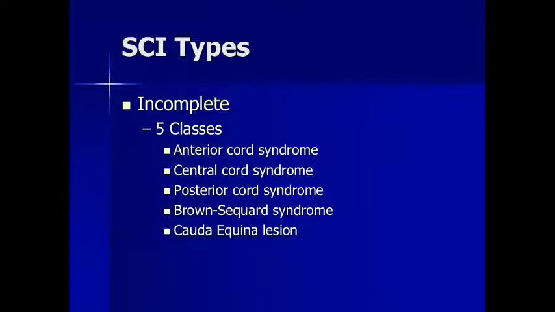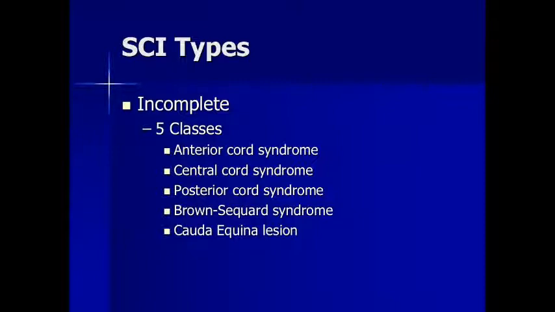The fourth class is Brown-Séquard syndrome. It's damage to one side of the spinal cord, which results in impaired or lost movement but preserved sensation on one side of the body, and preserved movement but loss of sensation on the other side.